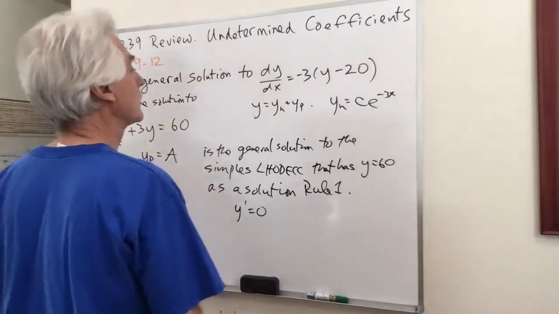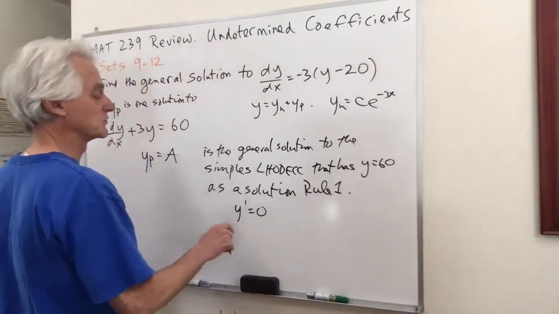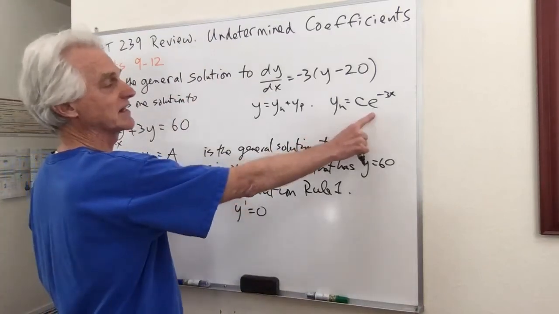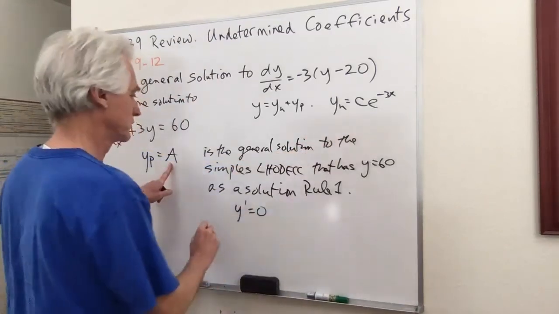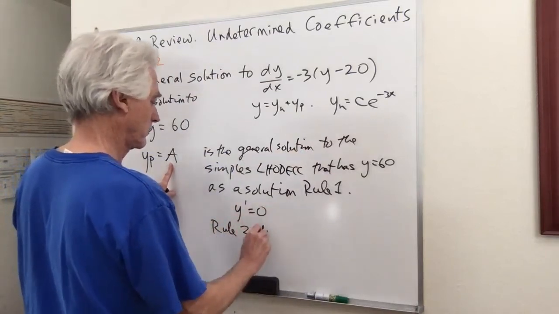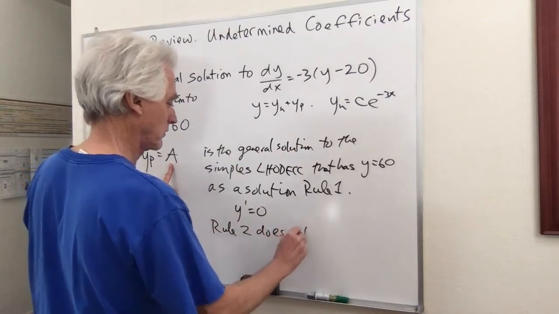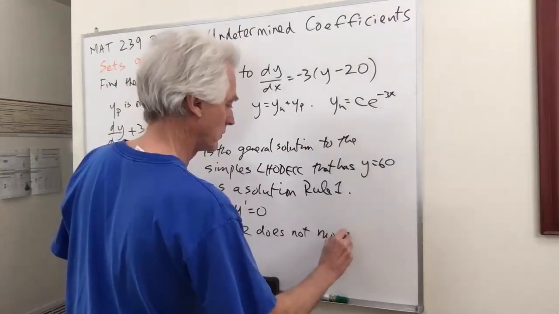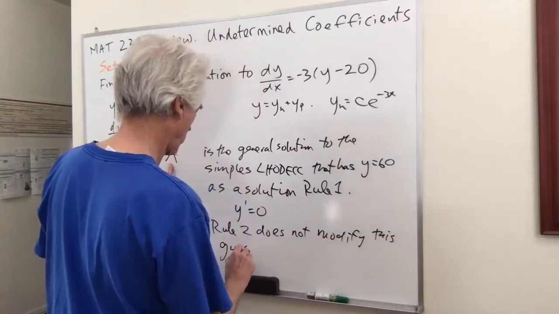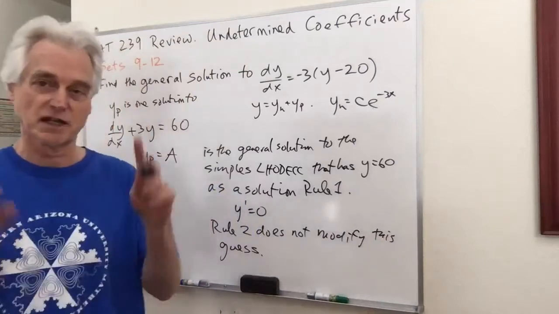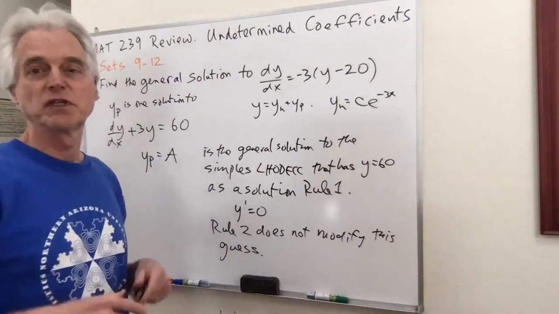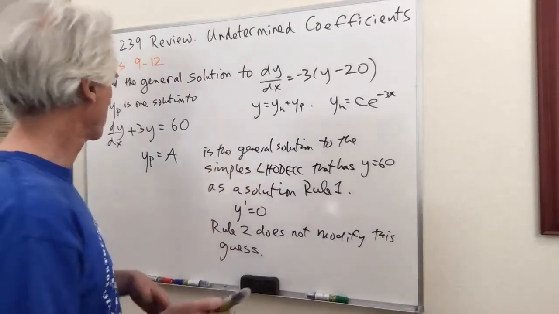Now, does rule 2 apply? Is A a solution to that guy? No. So rule 2 does not apply. I certainly hope you have studied that PDF that's on the website with rule 1 and rule 2.